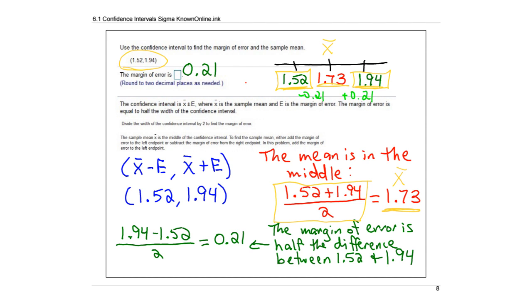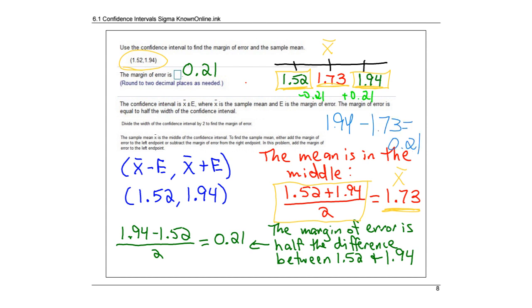So now you can do a couple things for the margin of error. You can either see how far apart the sample mean in the middle is from the endpoint. So you could take 1.94 on the end there and subtract the mean, and that's going to give you 0.21.